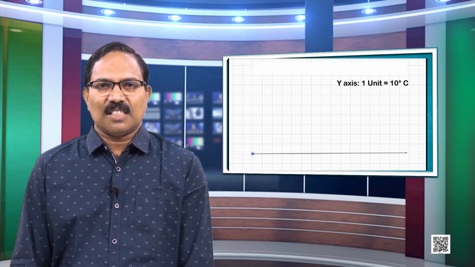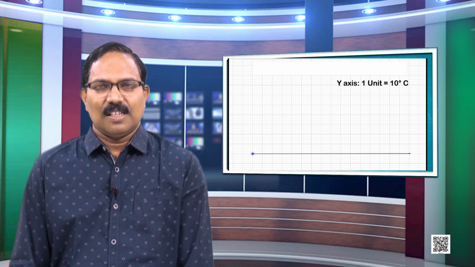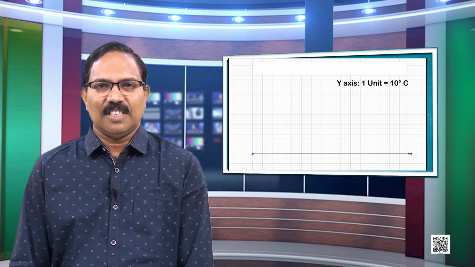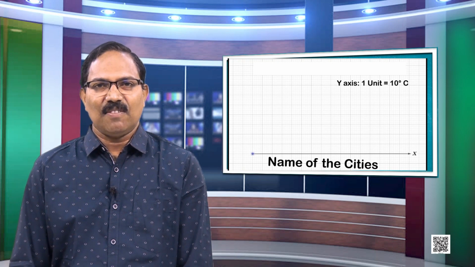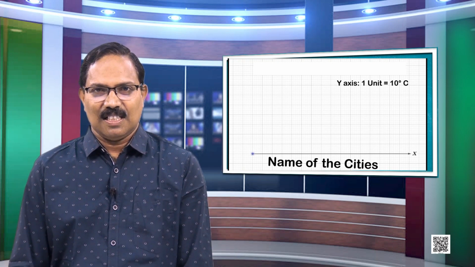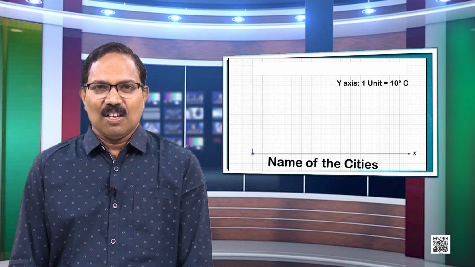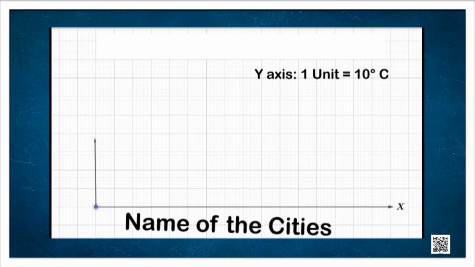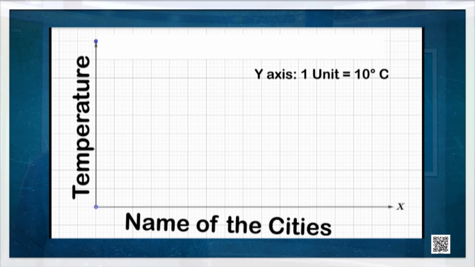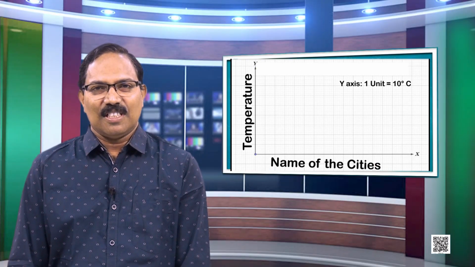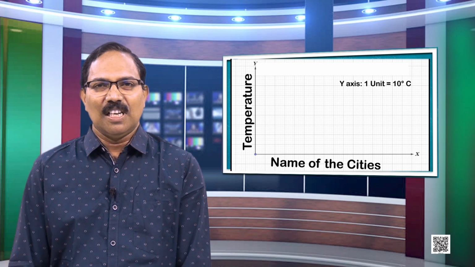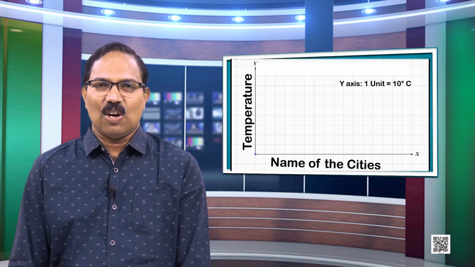In which axis do we represent the temperature and in which axis do we represent the city names? Students, you can represent the data in any one of these axes, but normally we represent the names of cities on x axis and temperature on y axis. Once you decide about this, then you can label the axis accordingly.